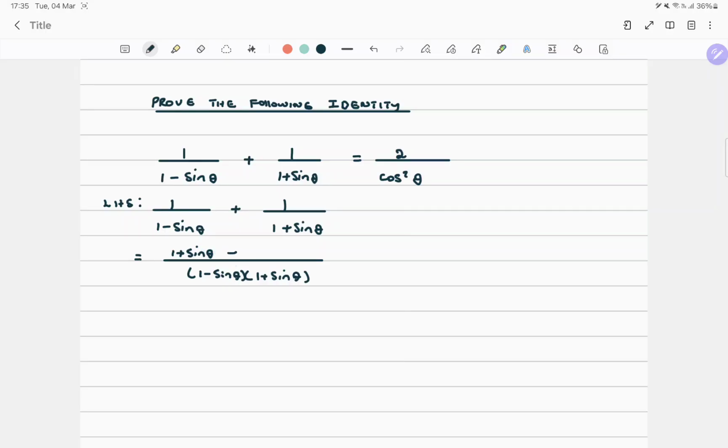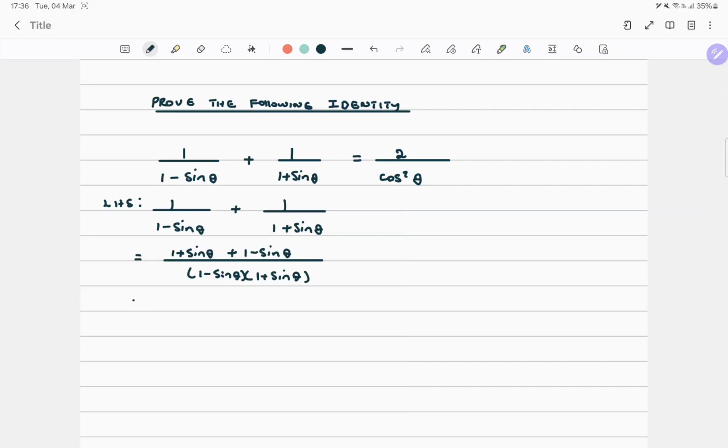sine theta, plus we take our lowest common multiple. We divide the next denominator, and what happens? This bracket will divide that to 1, and it effectively disappears because 1 is as good as invisible. And we say this 1 minus sine theta multiplied by 1, it is going to be itself.